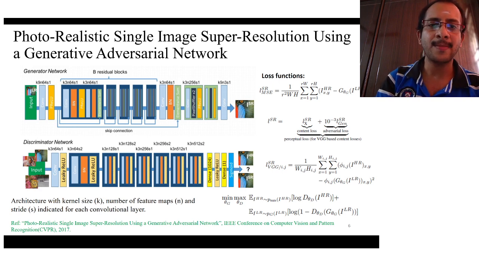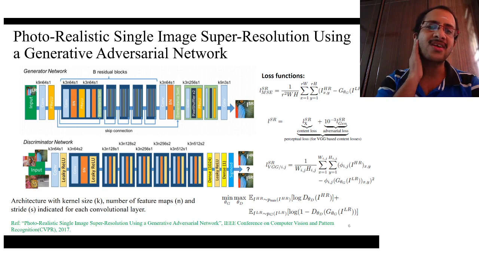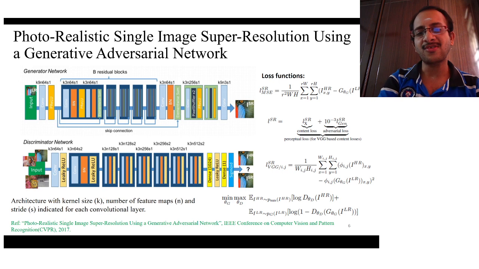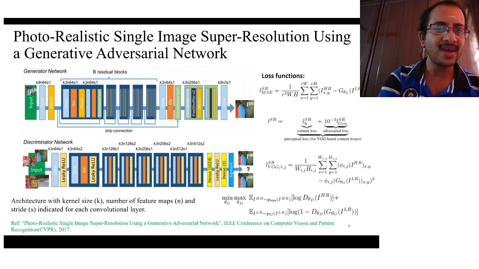say L mean square error, that is LSR, is roughly the same as the content loss or the mean square error loss. It is roughly the same as the conventional methods, but there is a new loss function that is added, that is the adversarial loss. This adversarial loss is shown to improve the performance for better super resolution. And you can see we usually have the direct mean square error, and the content loss is written here.